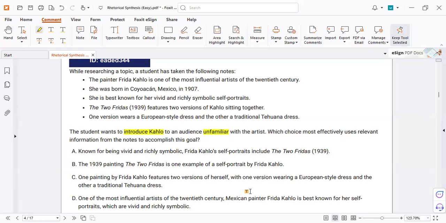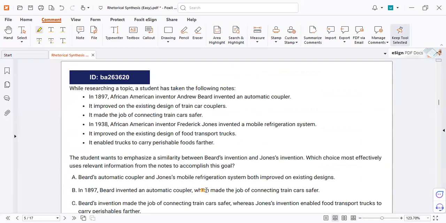No, it's D, not B. Letter D has a lot of information about it because it's unfamiliar, which means the audience doesn't know any information. So tell them a lot of ideas. Here we are talking about the painting. Now we need the artist. So he mentions the painter himself. Okay. Yes. How about next?